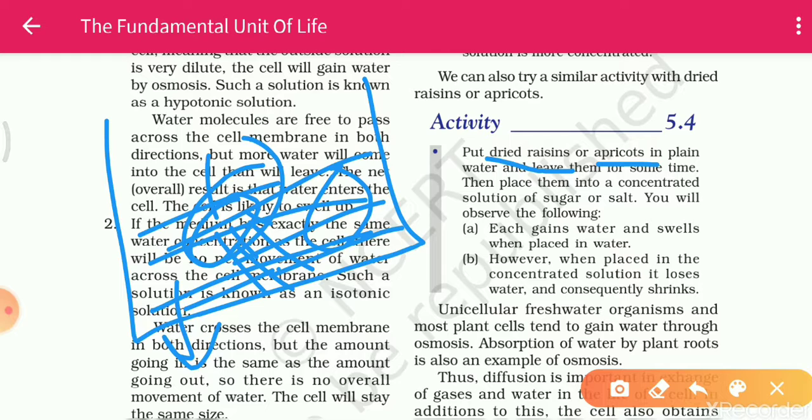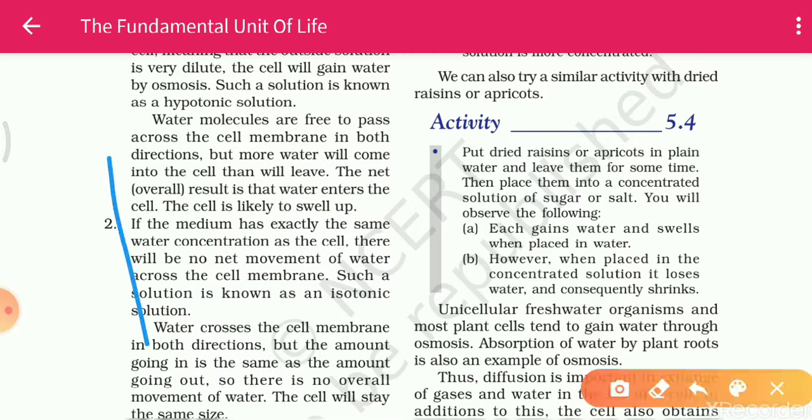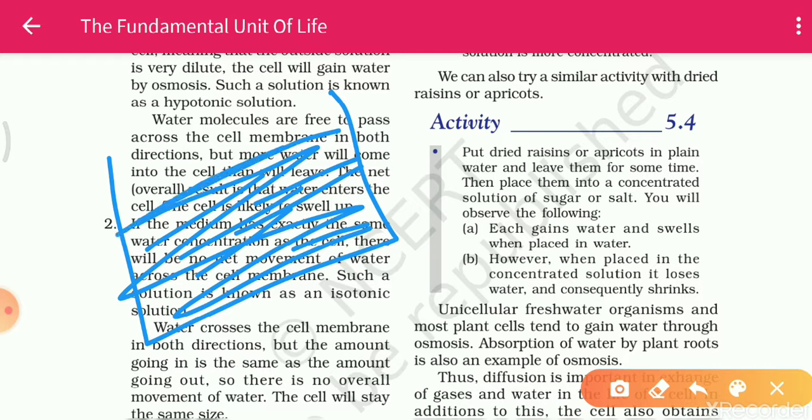But students, when we take the salt solution here and put the raisins here, then what happened here, the raisin starts to shrink. Why does this raisin start to shrink?